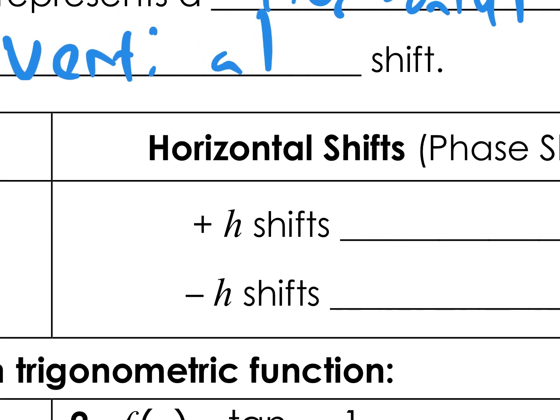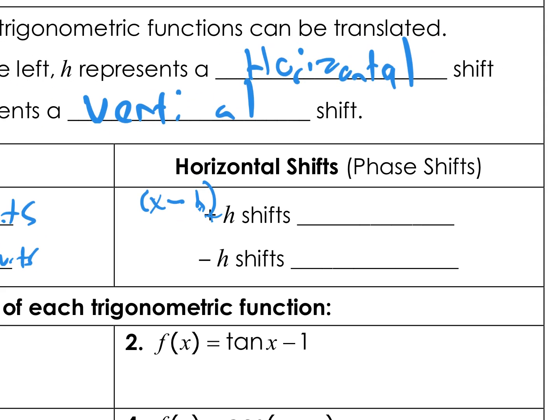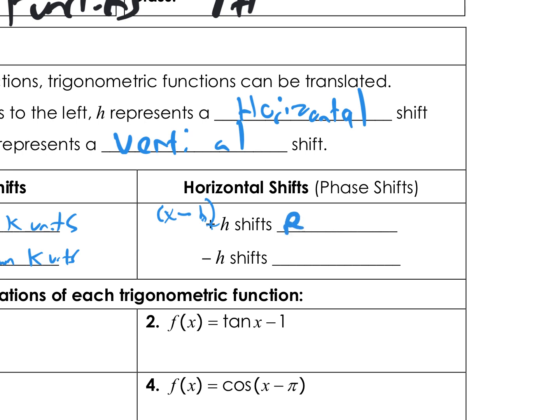If H is positive, you're probably going to see it looking like this: x minus a positive H. There is an invisible plus sign in front. That means we go right H units.